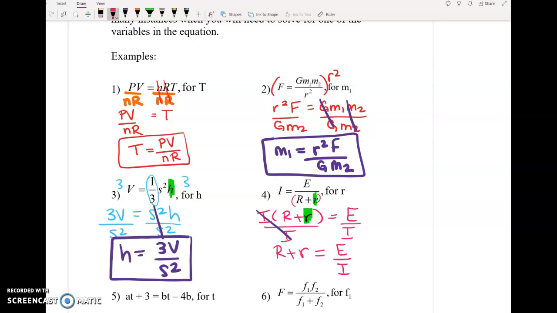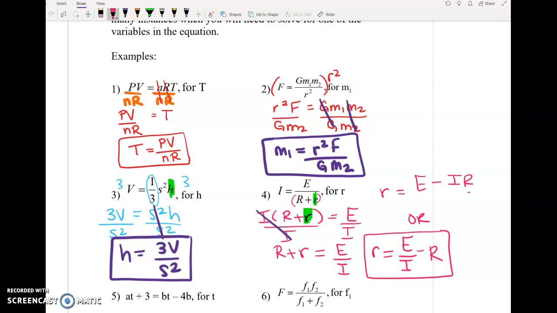And to get rid of capital R, we subtract it on both sides, so r equals e over I minus capital R. If r is in multiple locations, meaning one on the right and one on the left here, then we would have to distribute the I. And if you did distribute I, another answer that you could have gotten for number 4 would be e minus I r all over I, which is fine to have.